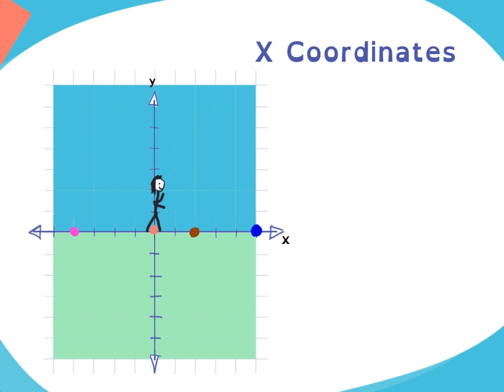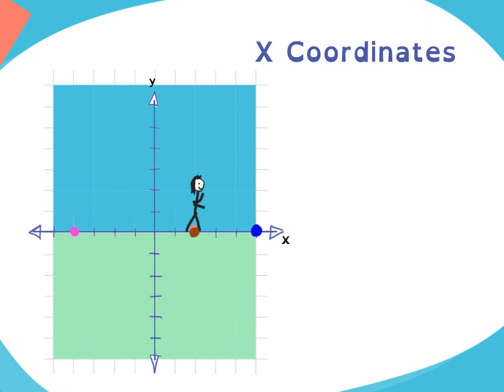As a first example, let's look at the brown point. We have this girl who is starting off at the origin 0, 0. She is moving 1, 2 places to the right to be on the brown point. Now, since we moved left to right, we moved along the x-axis.